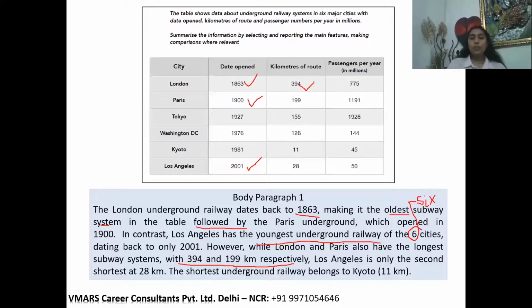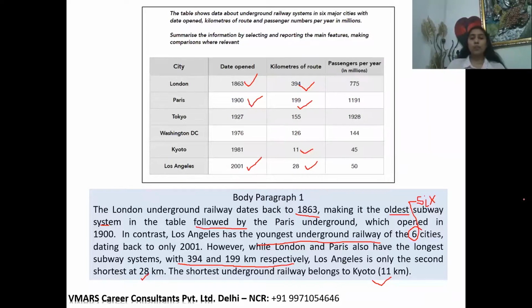So kilometers are also covered. Los Angeles is only the second shortest at 28 kilometers. So it is second shortest. The shortest underground railway belongs to Kyoto, at 11 kilometers. So this information is covered.